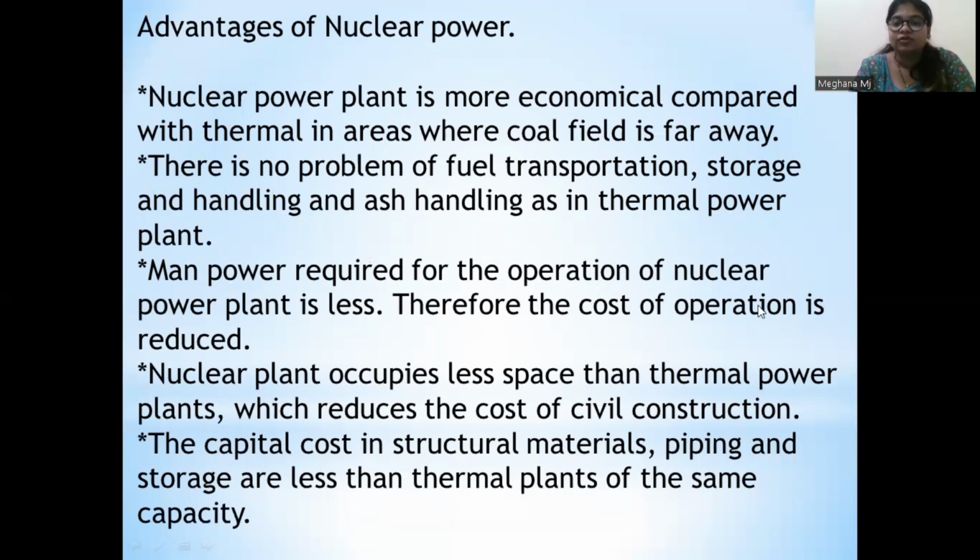Therefore, the cost of operation is reduced. And a nuclear power plant occupies less space than thermal power plants, which reduces the cost of civil construction. And the last advantage is that the capital cost in structural materials, piping, and storage is less than thermal power plants of the same capacity.